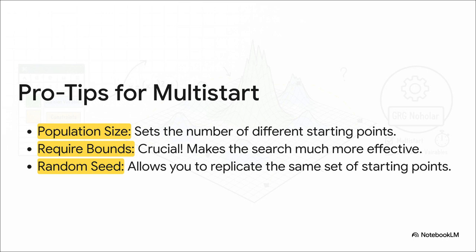But here is the real pro tip. The one you have to remember, you must check the box that says require bounds on variables. Giving Solver a defined search area, like telling it a variable has to be between, say, 0 and 100, stops it from wasting time looking at impossible answers, like negative production numbers. It focuses the search where the real solution lives, and it makes the whole process so much more effective.